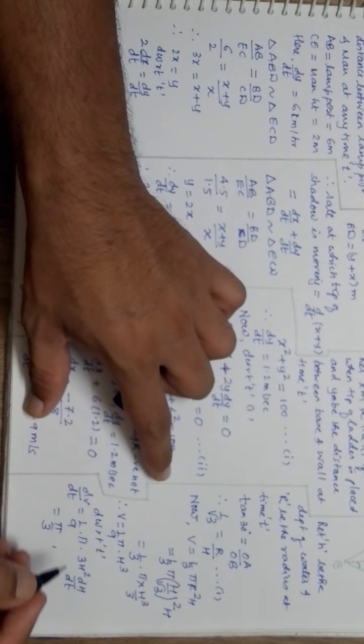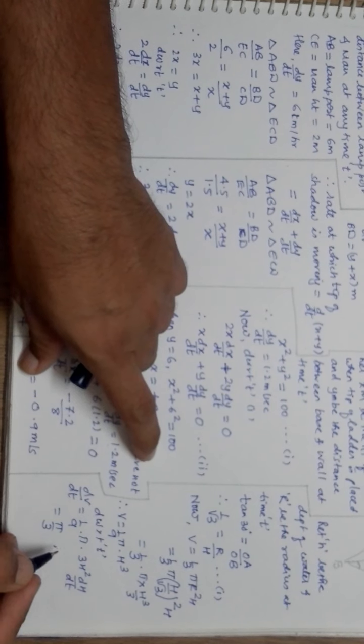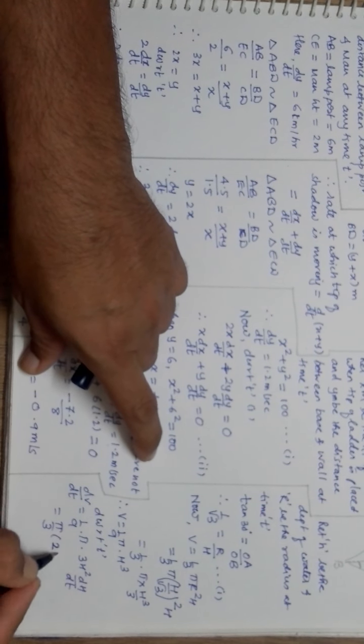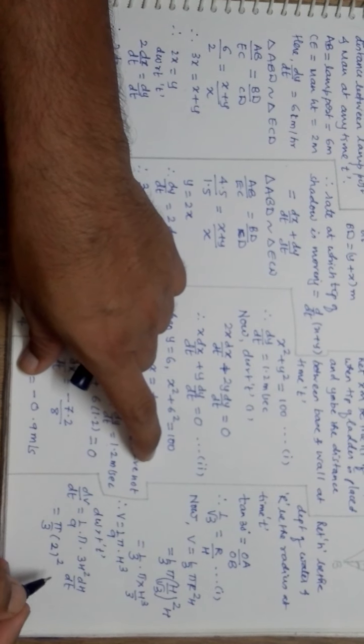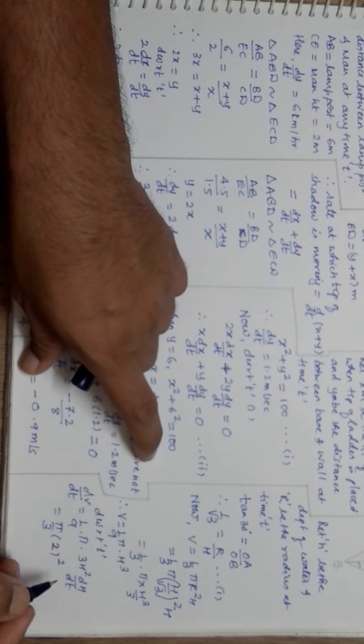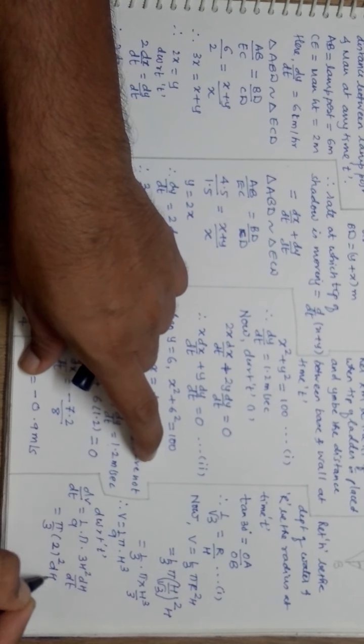H is already known to you, that is H is given to you as 2, so it is 2 square, and dH by dt. Yeah, the given part I have not written, I think so. Okay, let it be. So here I am writing dH by dt. So I am mentioning here that H is your 2.